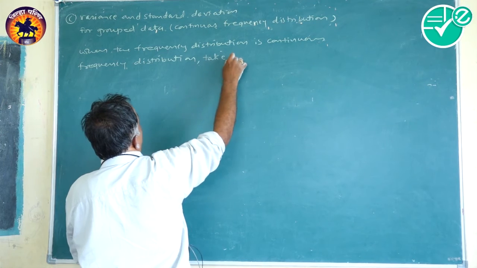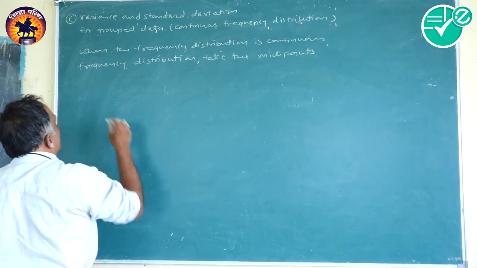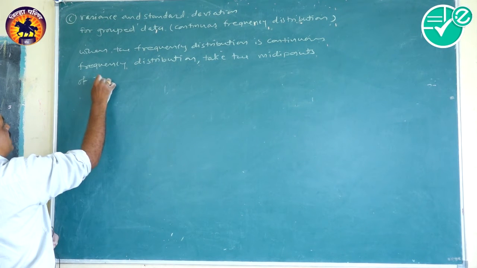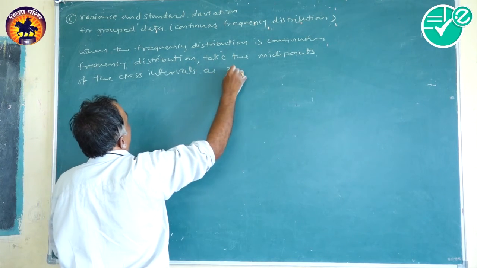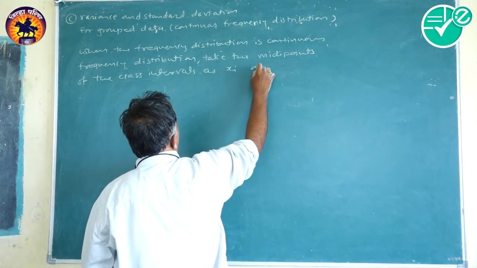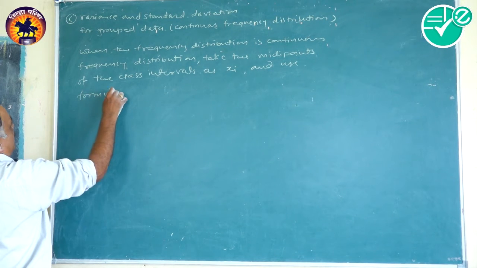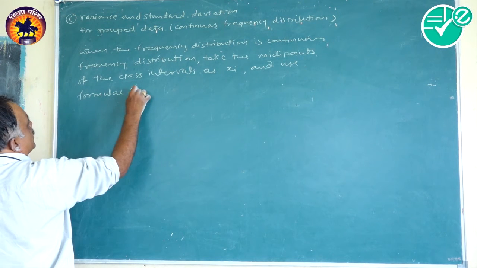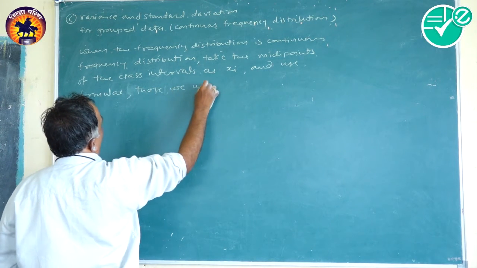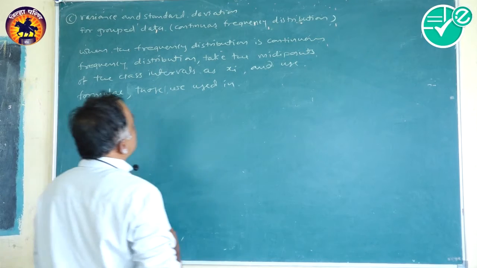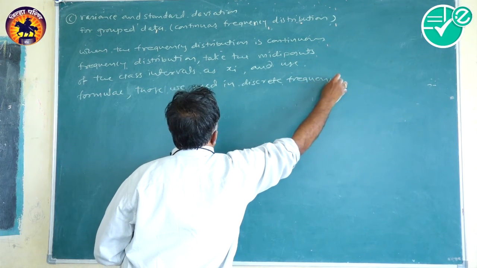take the midpoints of the class intervals as xi and use the same formula that we used in the discrete frequency distribution.